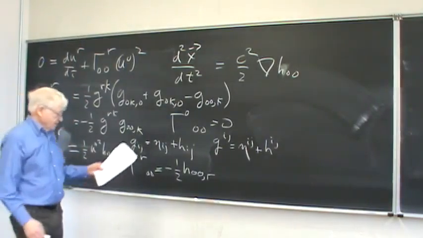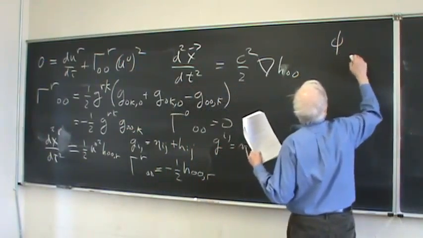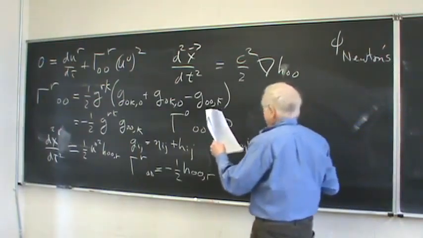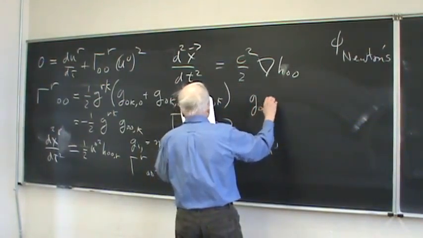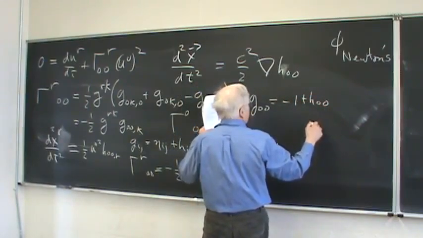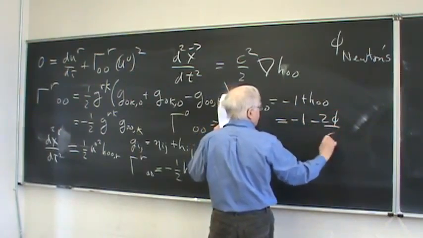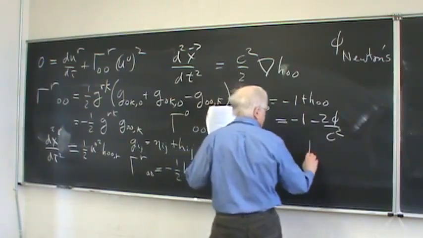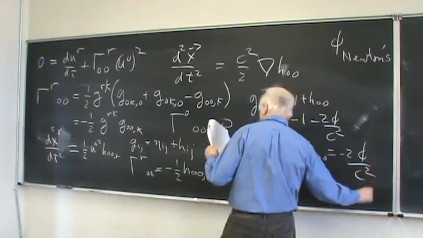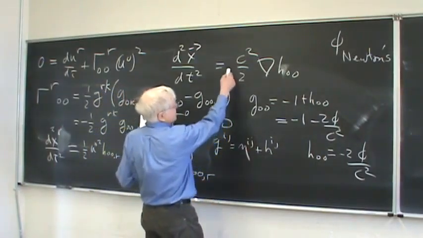And now, if phi is Newton's potential, then what we want is g00 is -1 plus h00. And we're going to set that to be -1 minus 2 phi over c squared. So h00 is minus 2 phi over c squared. So finally, what do we have when we stick things in there?